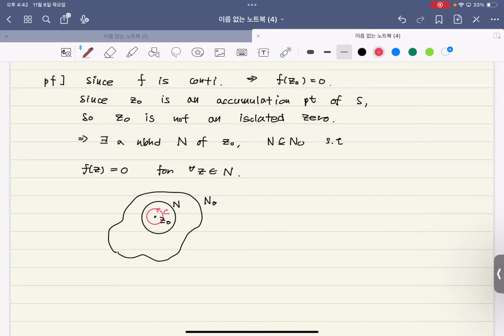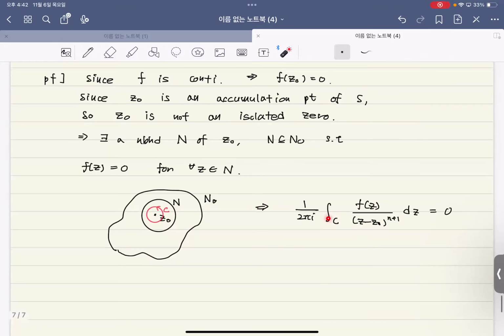Then 1 over 2 pi i times the integral over C of f of z over (z minus z0) to the n plus 1 dz equals 0.